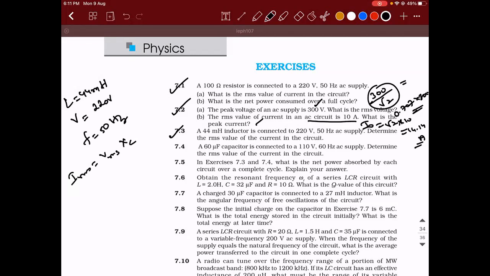So IRMS is equal to VRMS divided by XL. So XL will be equal to omega into L. Omega is 2 pi f into L.